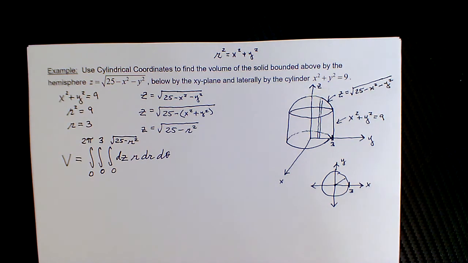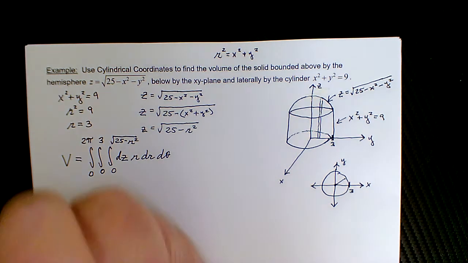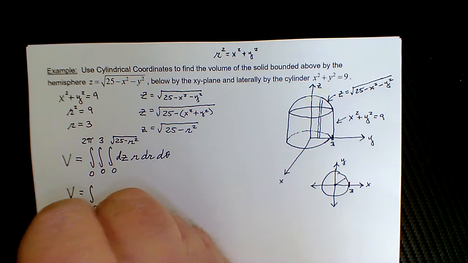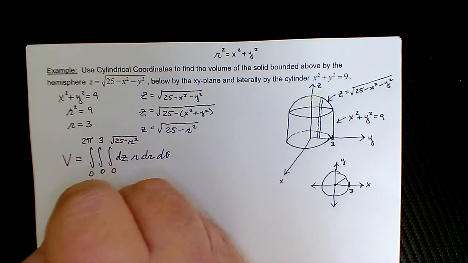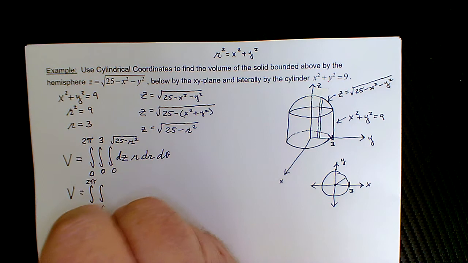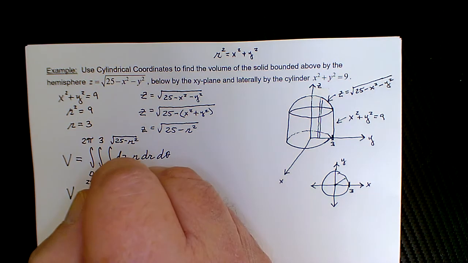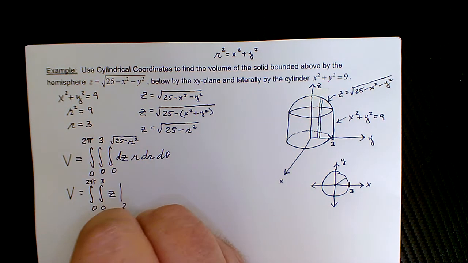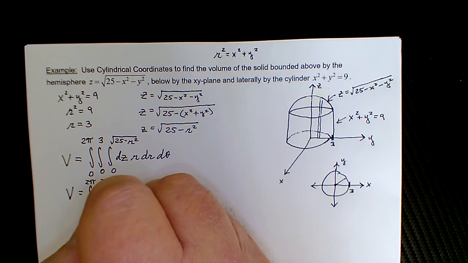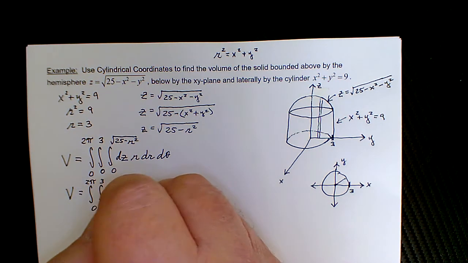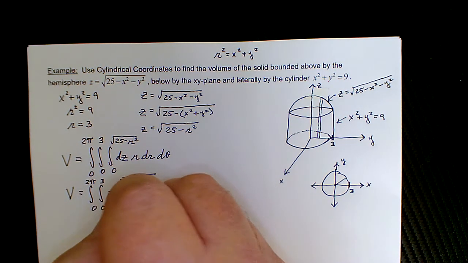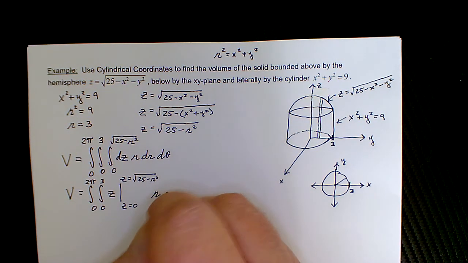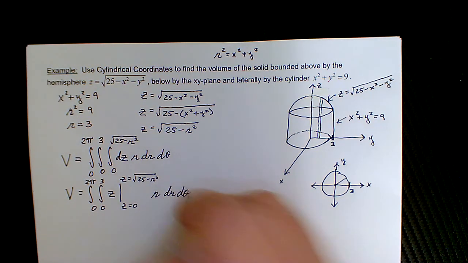Okay, so that's the setup, and now the actual integration. So integral 0 to 2 pi, integral 0 to 3, integrating dz, we get z, and that's evaluated as z goes from 0 to the square root of 25 minus r squared, and then that's times r dr d theta.